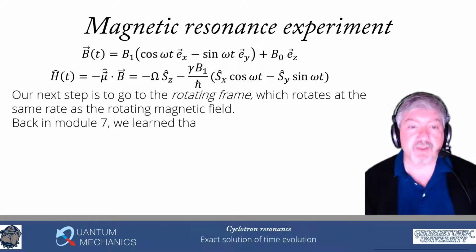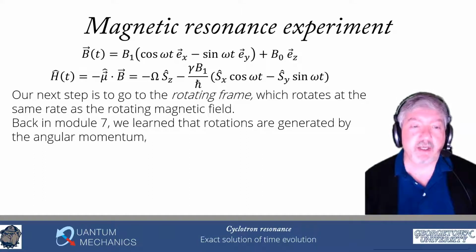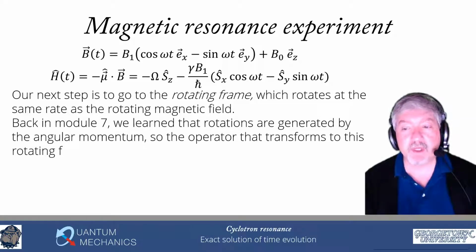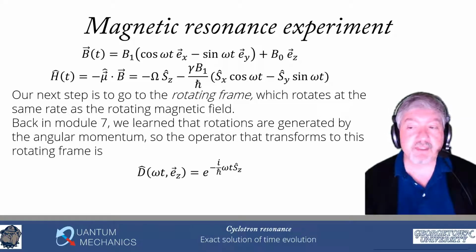Now, back in Module 7, we learned that rotations are generated by angular momentum. And so the operator that will transform to the rotating frame is simply one of these rotation operators. We're going to call it D hat of omega t comma Ez. The omega t is telling me the total angle that we're rotating by, and the axis of the rotation is that vector Ez.